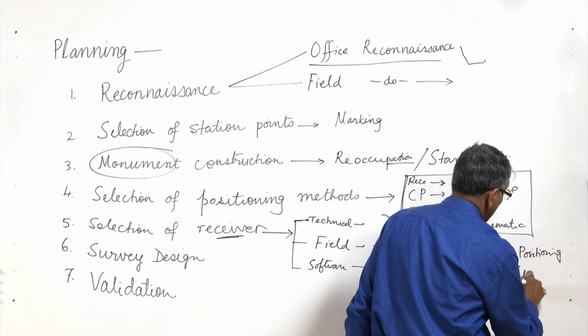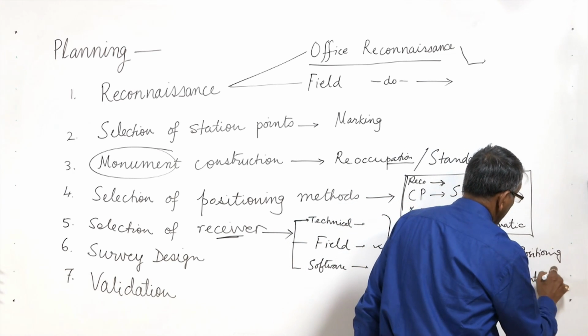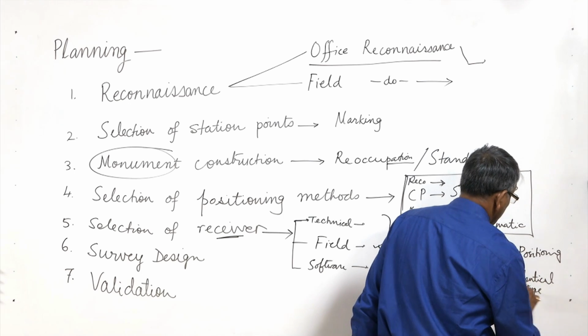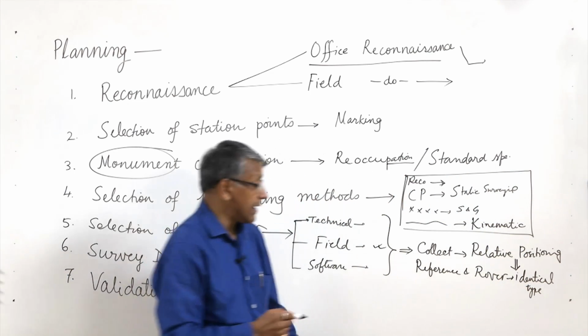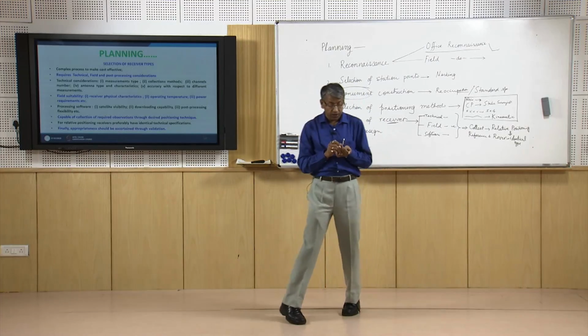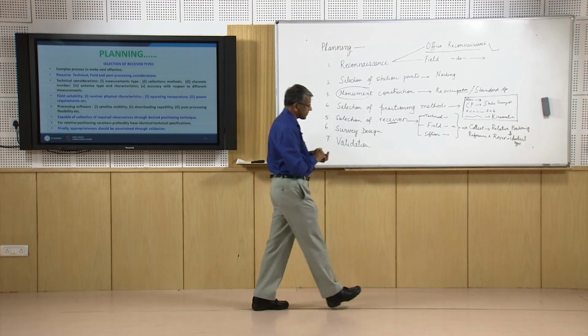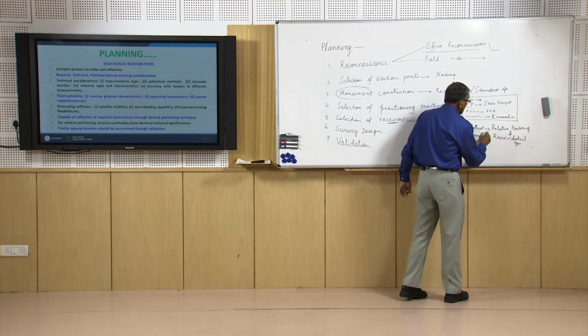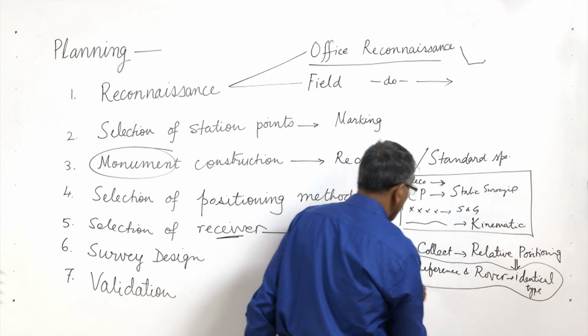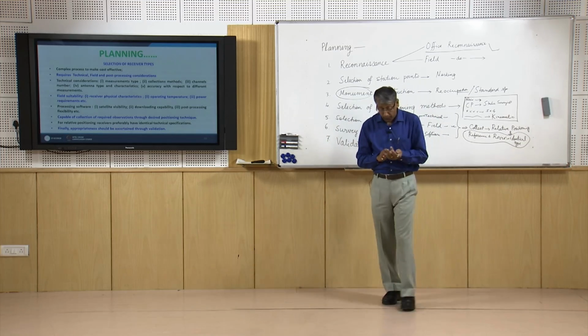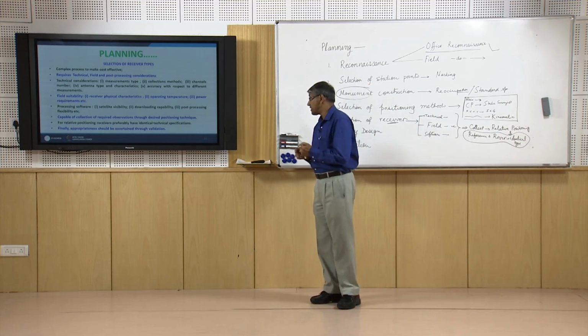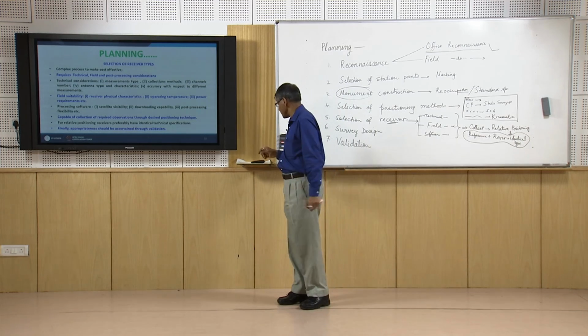Receivers should preferably be of identical type. That will minimize many of the problems that we encounter during GPS surveying. The appropriateness of the receiver has to be validated during the validation process.